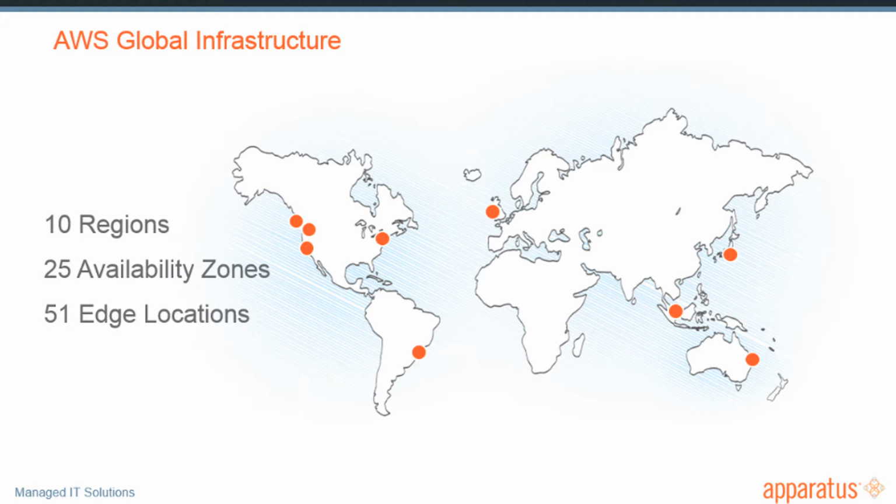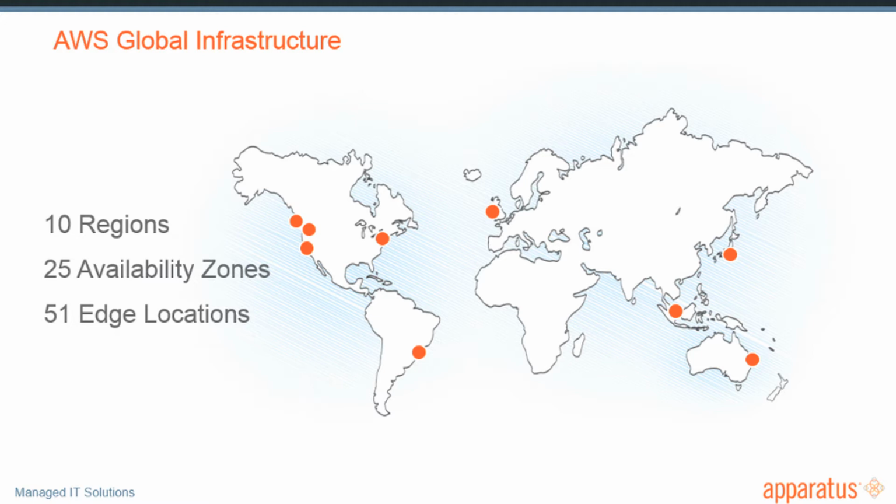So these data centers are on separate power grids, they have separate internet connections, and that's just there to basically prevent complete loss in the event of a disaster. So if something happens and one of those data centers is taken out, if your infrastructure is out there in a manner that it's balanced across these availability zones, you should, in theory, see no loss to your service.